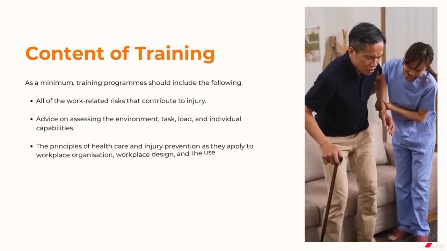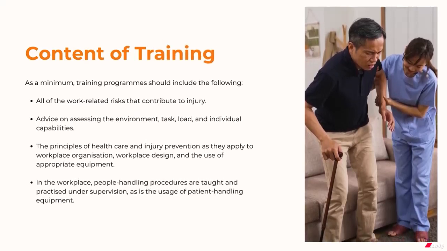Content of training. As a minimum, training programs should include the following. All of the work-related risks that contribute to injury. Advice on assessing the environment, task, load, and individual capabilities.